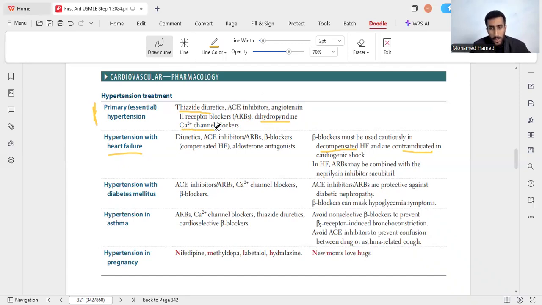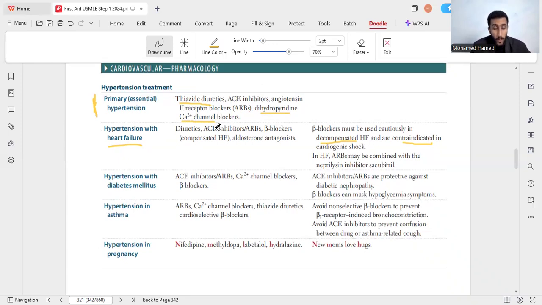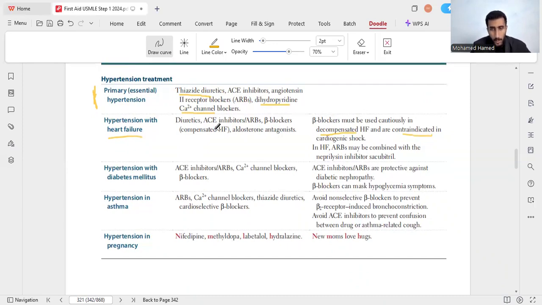The dihydropyridine calcium channel blockers are antihypertensive medication versus non-dihydropyridine calcium channel blockers, which are essentially cardiac medication used for arrhythmia. They will have more effect on the heart versus the dihydropyridine calcium channel blockers, which have more effect on the vessels.